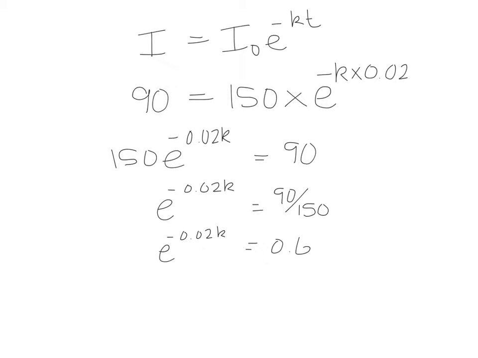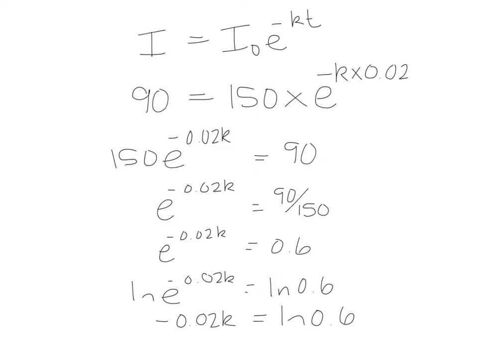And now we have an exponential function on the left hand side, so we will take the natural log to be able to eliminate that. So it's the natural log of both sides, which will leave us with negative 0.02k equal to ln 0.6.